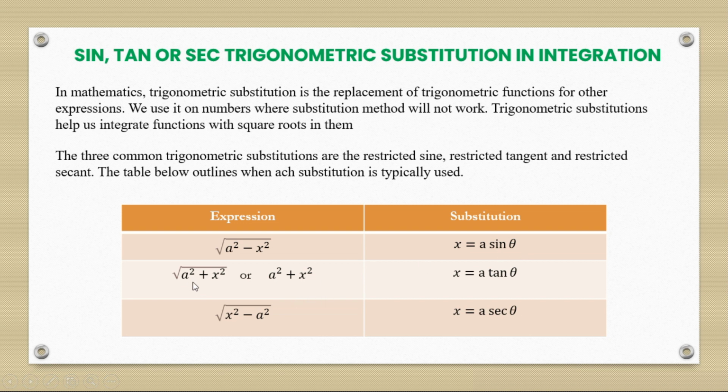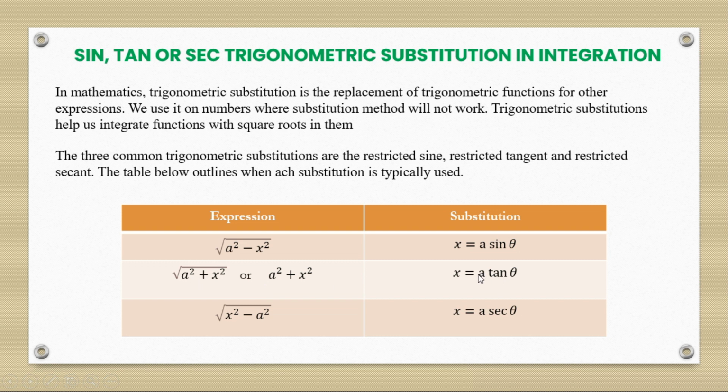If you have the square root of the square of the constant plus the square of the variable, or when they're not even in the root but it's the sum of the square of a constant and the square of the variable, in that case we use x equal to a tan theta.